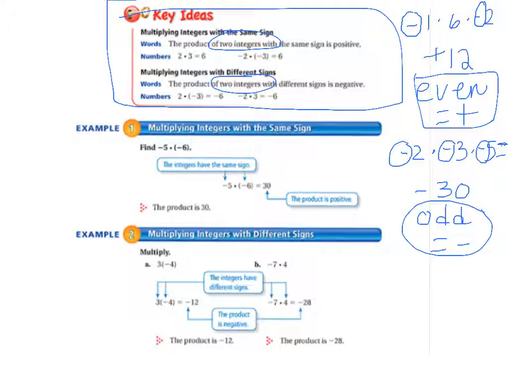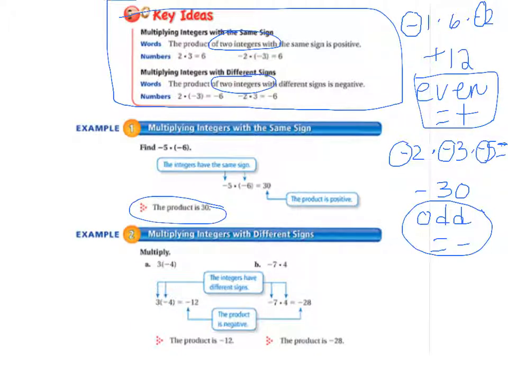So let's do a couple of examples here. Multiplying integers with the same sign, we have negative 5 times negative 6, and the integers have the same sign, so there's an even number of negative signs. There are two of them. So negative 5 times negative 6 equals a positive 30, so the product is 30.